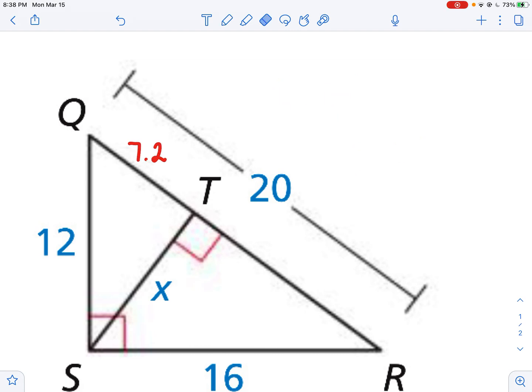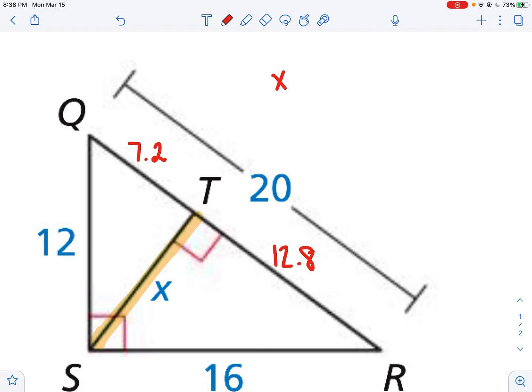And now that I know what A is, I can find out what this other missing part is by subtraction. 20 minus 7.2 is 12.8. And now I've got a nice problem set up where I can use my altitude.